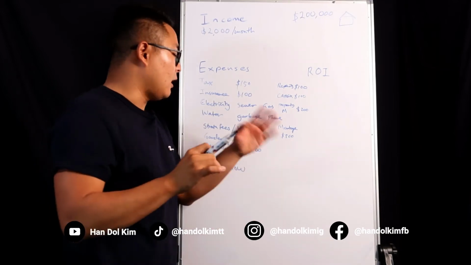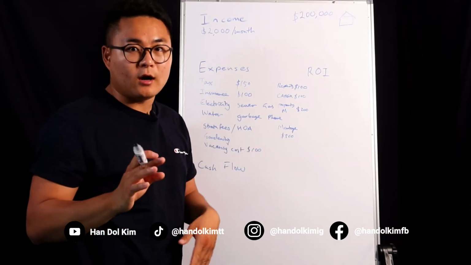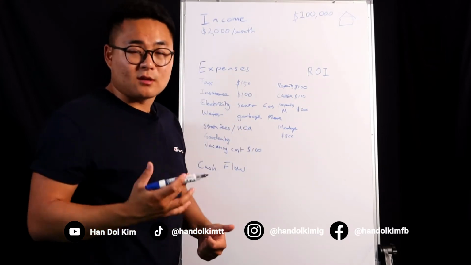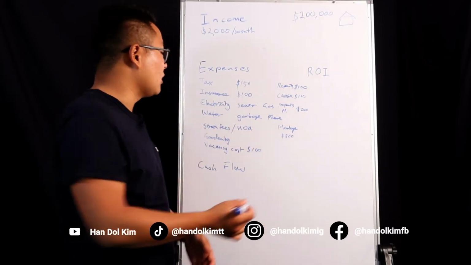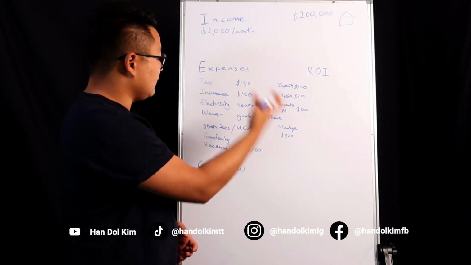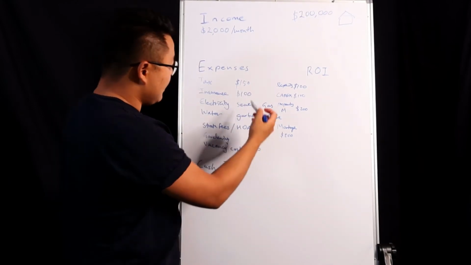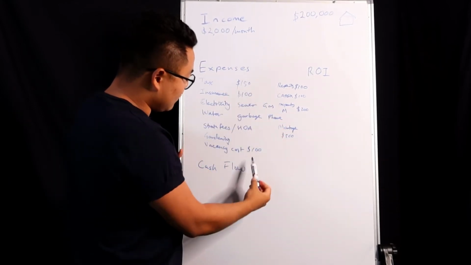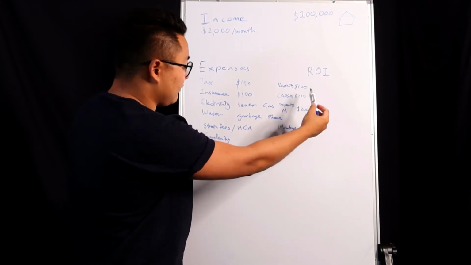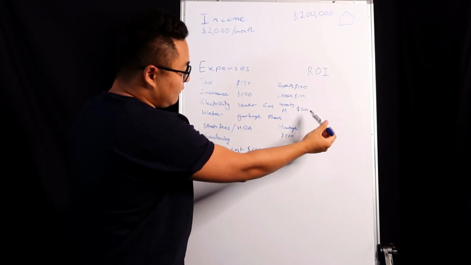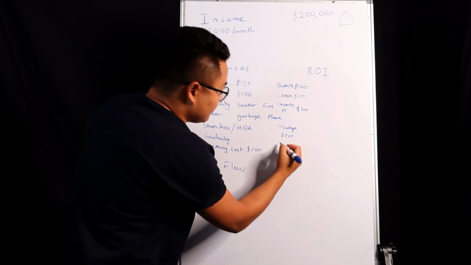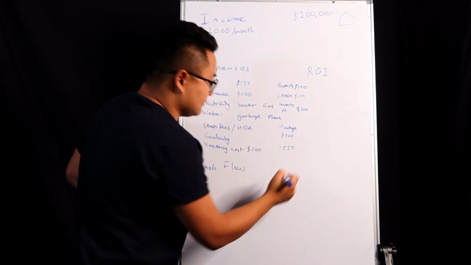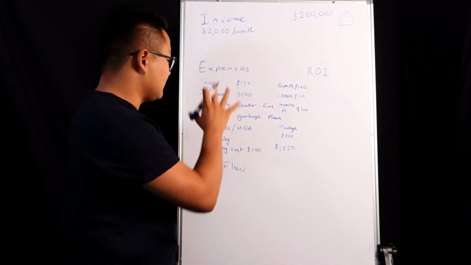That clocks in quite high, but we're just going to use this number for the sake of this calculation. So after all of this, the expenses of this property sit at 150, 250, 350, 450, 550, 750. So that's $1,550 that we're going to be allocating as expenses.